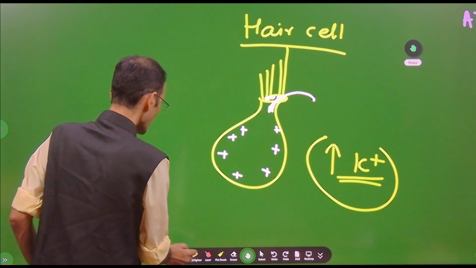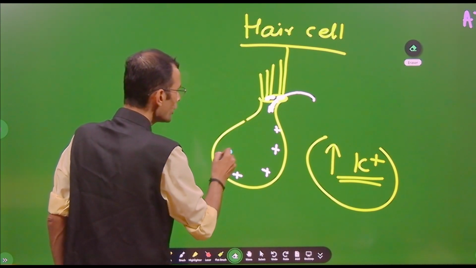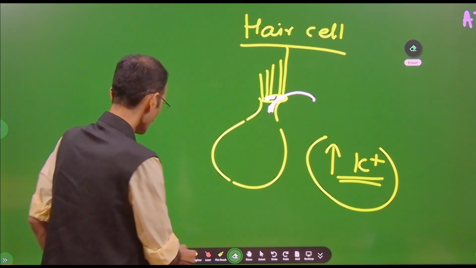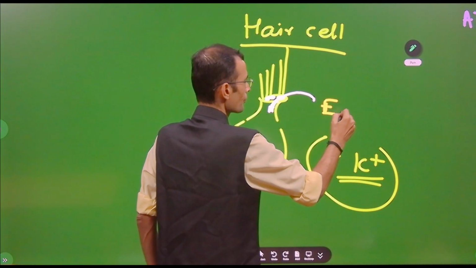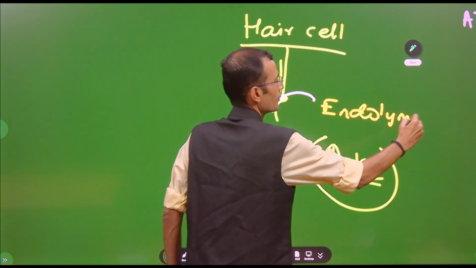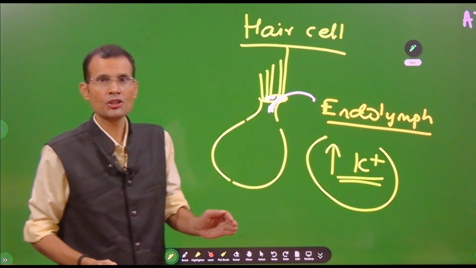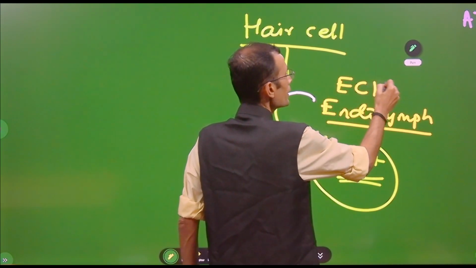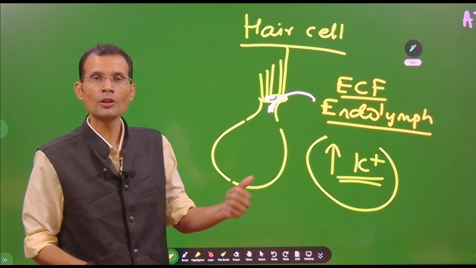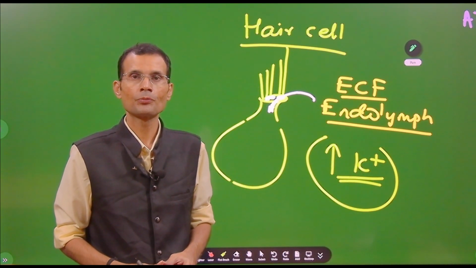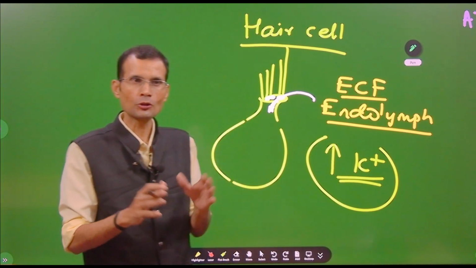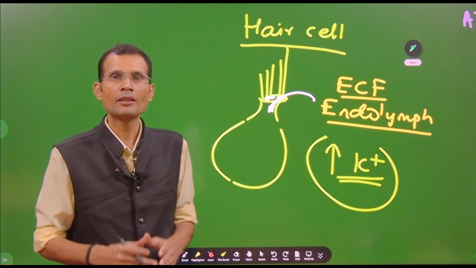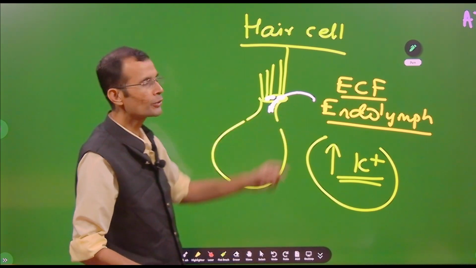What you should remember is that the fluid that surrounds the hair cells is called endolymph. This endolymph surrounding the hair cells is rich in potassium. Yes, in spite of being extracellular fluid, this endolymph is rich in potassium, because there is a highly vascular area outside the basilar membrane, the stria vascularis, which is continuously secreting potassium ions into the endolymph.